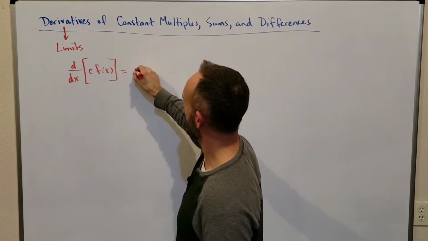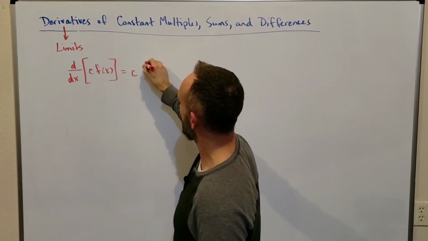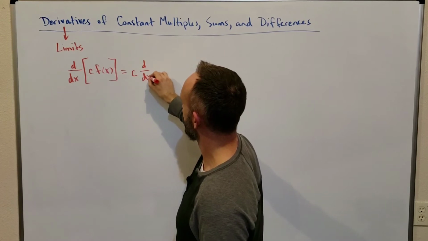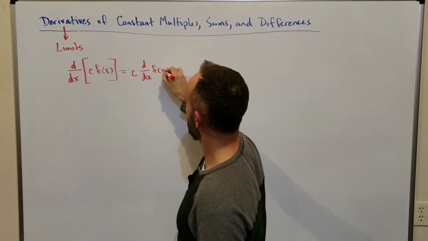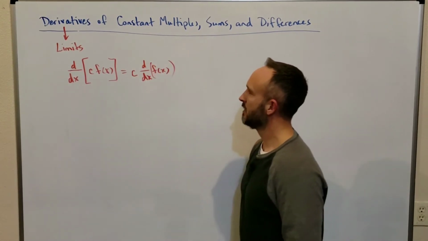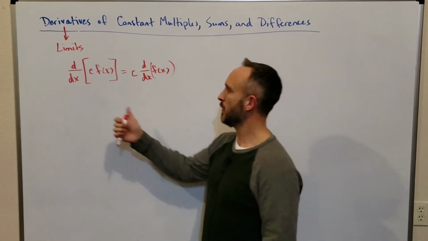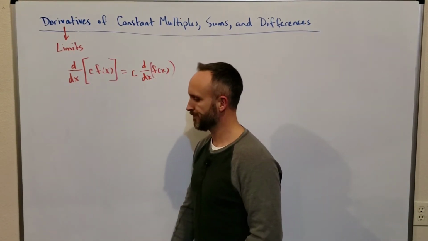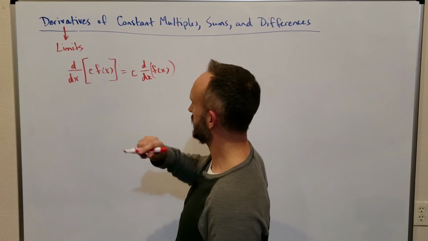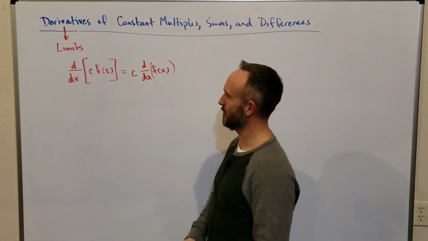So we can factor the constant out and multiply it by the derivative of just the function. Okay? So just like we can do with limits, we can push the derivative into the function. And we'll look at the other two as well, and we'll call this video done.